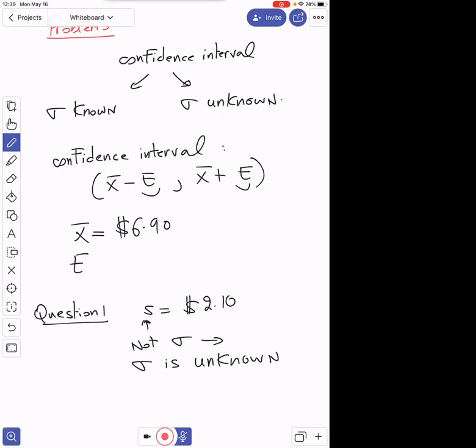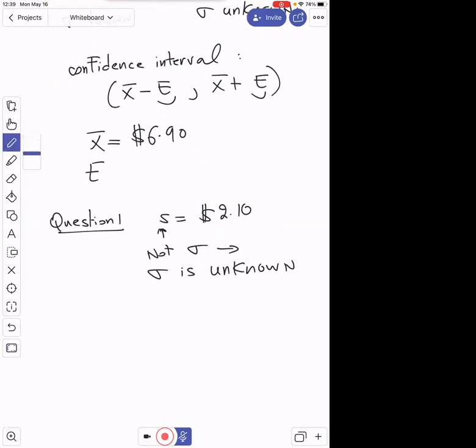And when sigma is unknown, the formula for this error E would be T subscript C times S over square root of N, where N is the size of the sample. Now, how do we find this variable T?